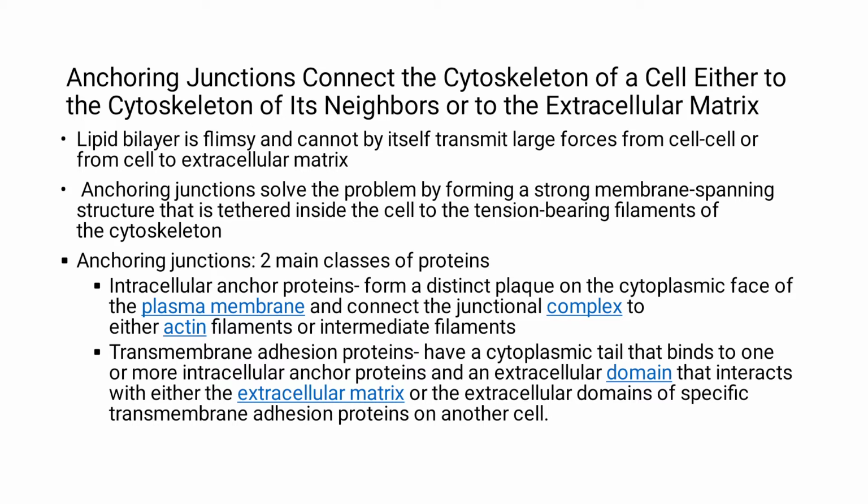The next one is the transmembrane adhesion proteins, which have a cytoplasmic tail that binds to one or more intracellular anchor proteins and an extracellular domain that interacts with either the extracellular matrix or the extracellular domains of specific transmembrane adhesion proteins on another cell. In addition to anchor proteins and adhesion proteins, many anchoring junctions contain intracellular signaling proteins that enable the junctions to signal to the cell interior.